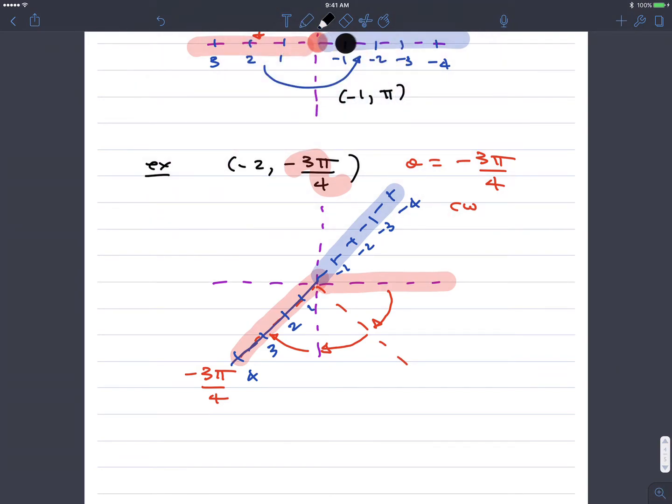What do they ask for? -2, -3 pi/4. I look for what radius now? Negative 2. This is the location, or this is what we do when we have both the radius being negative and the angle being negative.